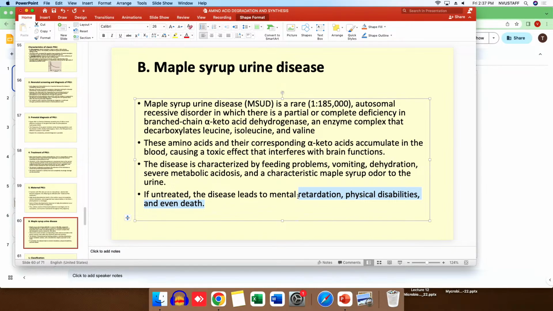And if it's a severe case and you don't put the patient on a special diet or even a tiny diet, then death early in their life.